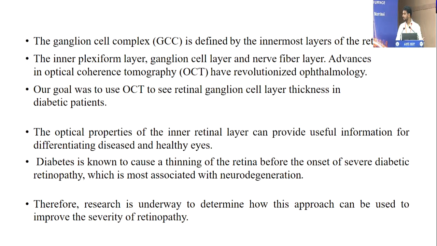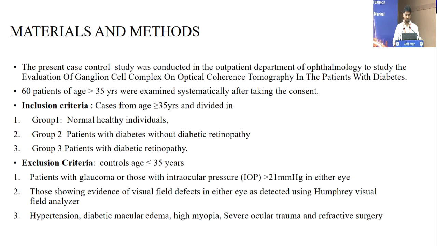Our goal was to use the OCT and find the thickness of the ganglion cell layer in the patients. The optical properties of the inner retinal layer can provide useful information to differentiate diseased and healthy eyes. Diabetes is known to cause thinning of the retina before the onset of severe diabetic retinopathy, which is most associated with neurodegeneration.